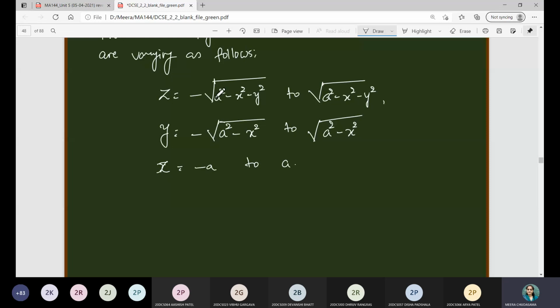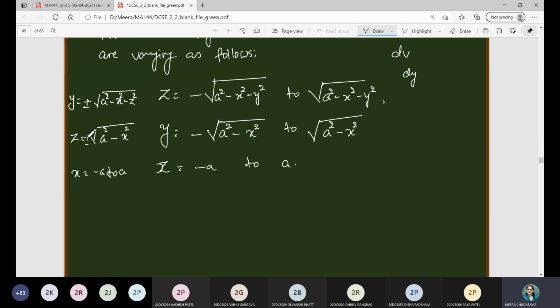You might have a question: why did madam take the z variable first? You can also change the limits. That means you can consider the y variable as plus and minus square root of a square minus x square minus z square. In that case you have to consider in dv the order dy, then you can consider z as plus or minus square root of a square minus x square, and then the limit of x, that is minus a to a.